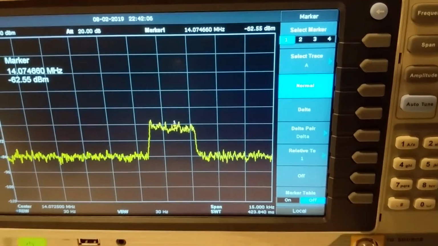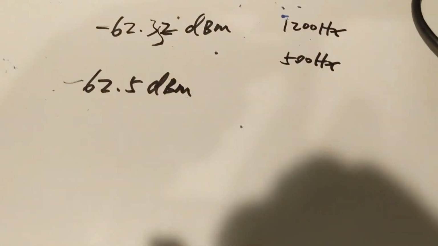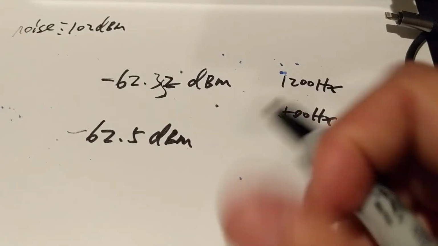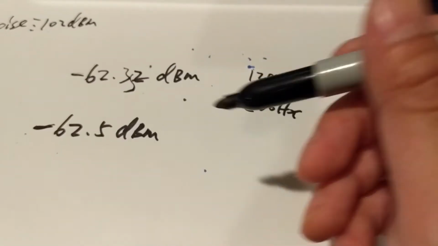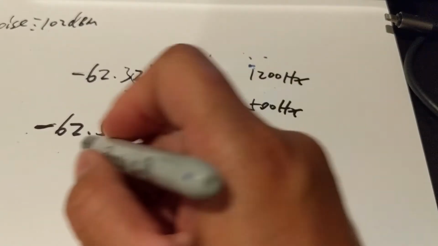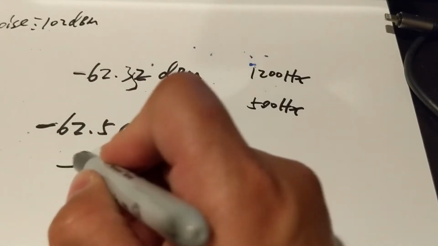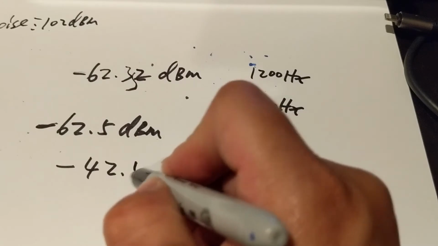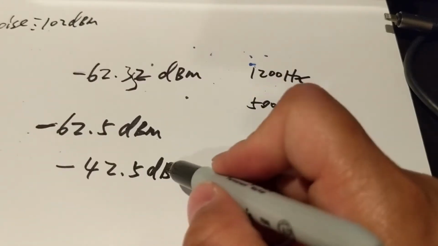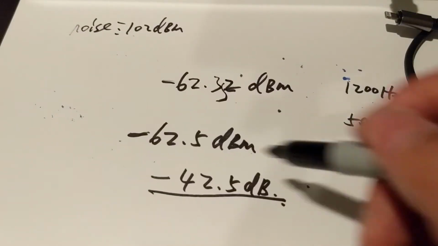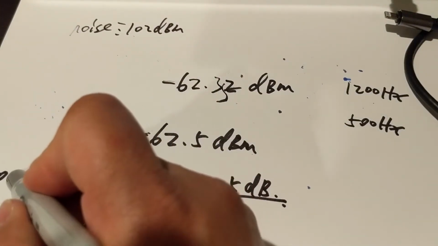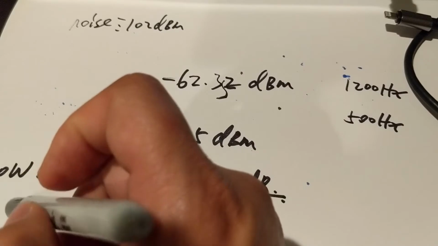Okay, let's take a look at the equation. This is what I received, but I have a 20 dB attenuator in between. So actually the signal I received is 42.5 dBm. How much power did I shoot? I shoot 100 watts. 100 watts is how many dBm?